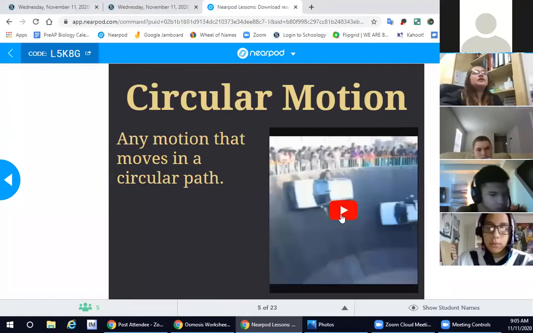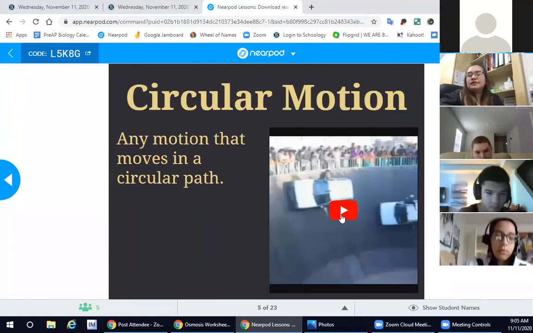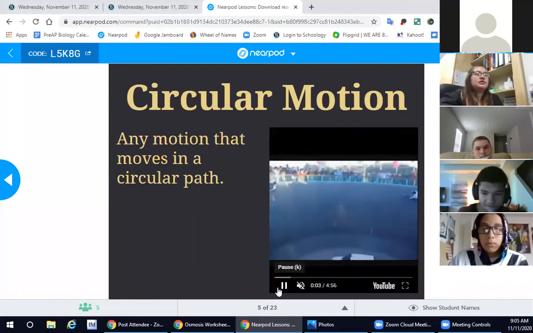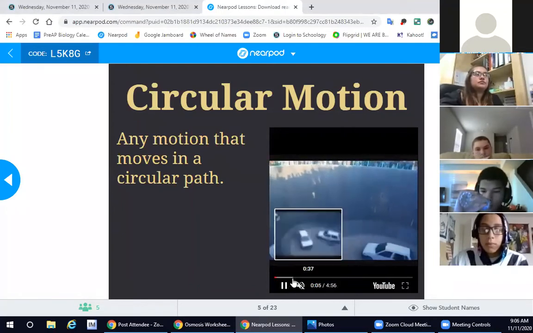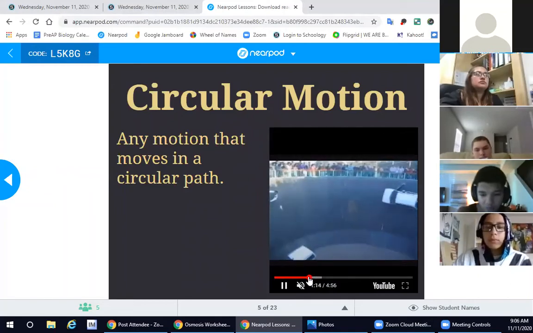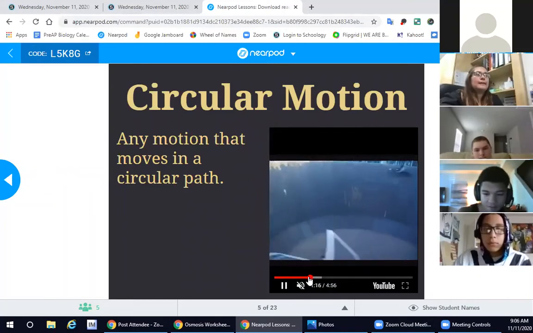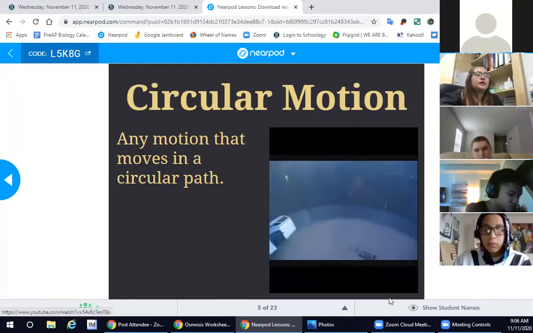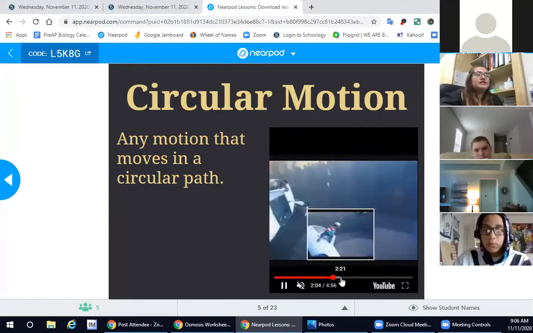Okay, so circular motion is any motion that moves in a circular path. And these are just some examples of circular motion. Yes, with enough force, this is possible.